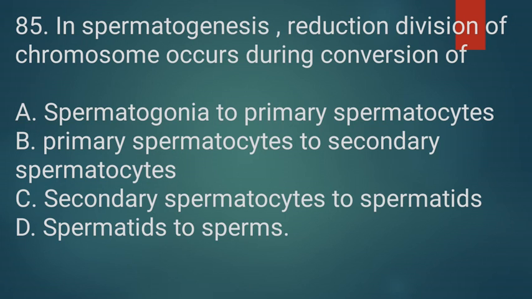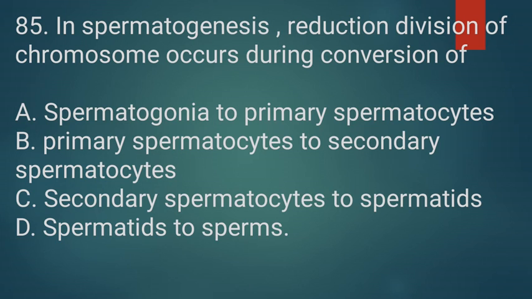Options are option A spermatogonia to primary spermatocytes, option B primary spermatocytes to secondary spermatocytes, option C secondary spermatocytes to spermatids, option D spermatids to sperms.